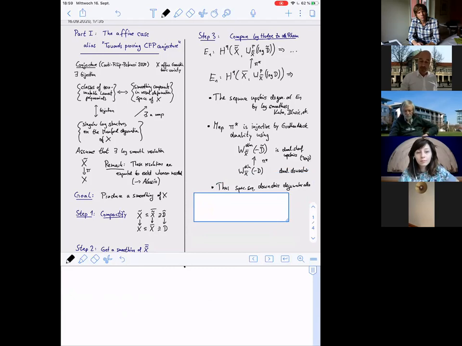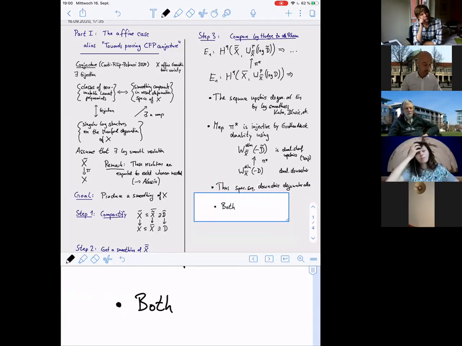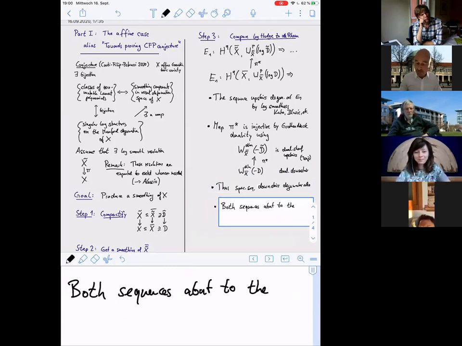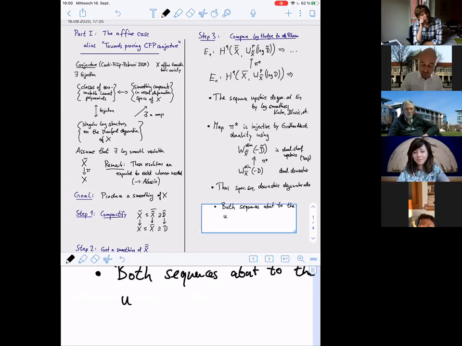Finally, I want even more. I want that the map pi star is actually an isomorphism. Oh yeah, so how do you know that pi star is an isomorphism? Both sequences abut to the usual cohomology of the Kato-Nakayama space.